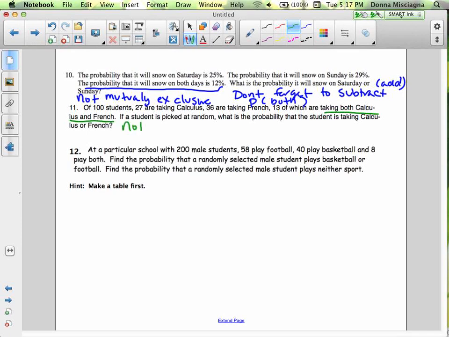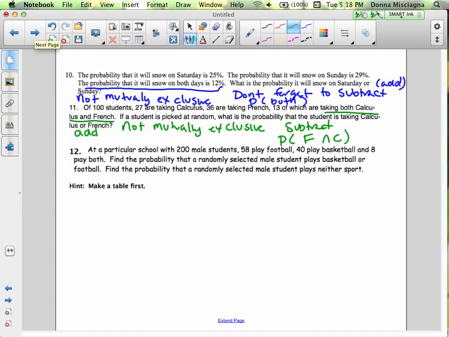Not mutually exclusive. Or means add. And again, don't forget to subtract the probability of the French and calculus, the ones that are taking both.